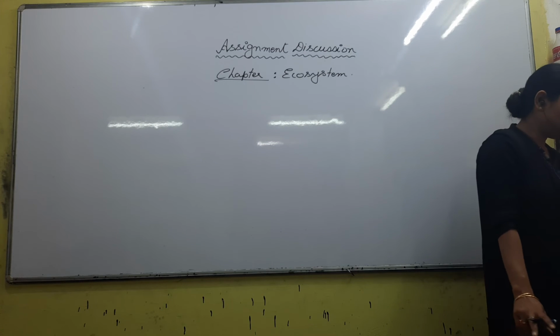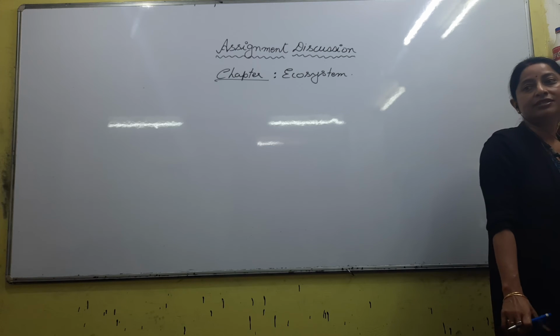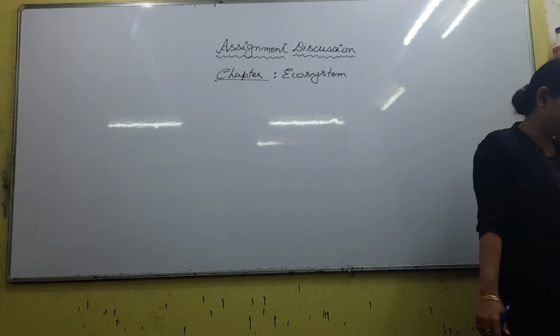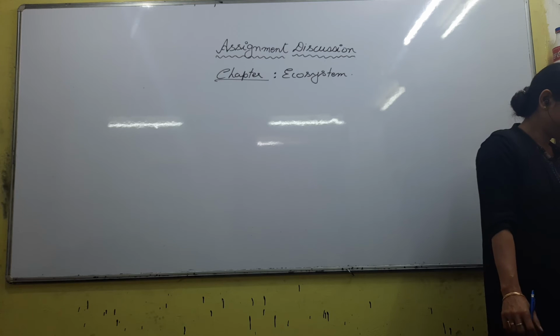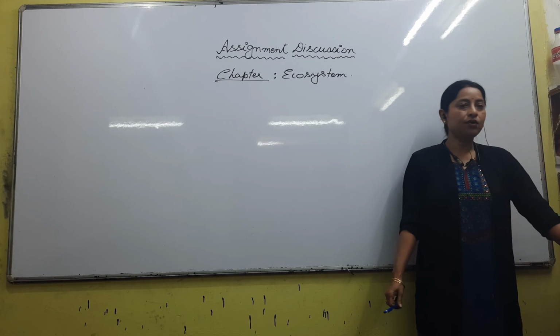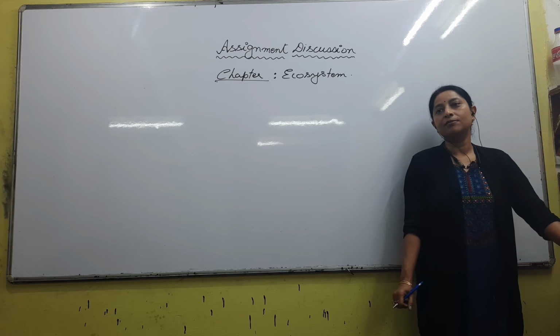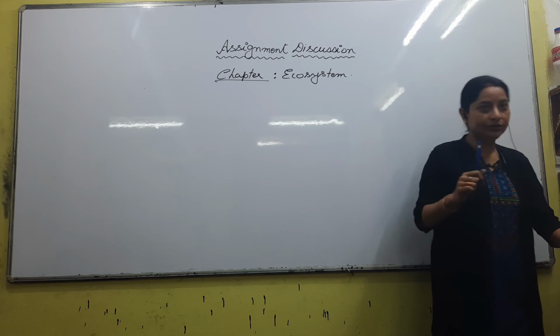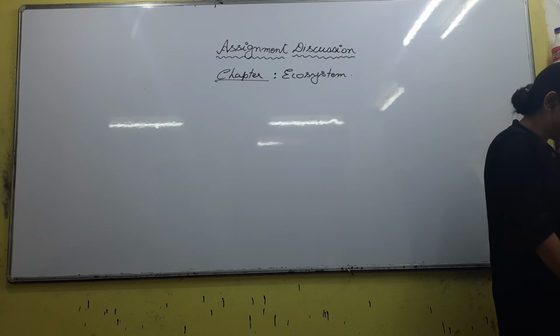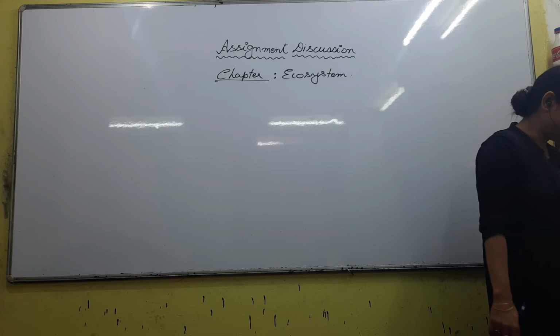Come to question number 2: which of the following is a characteristic feature of a cropland ecosystem? Least genetic diversity, because in a cropland or crop field only one crop grows. Okay, next, question number 3, we have done stratification.